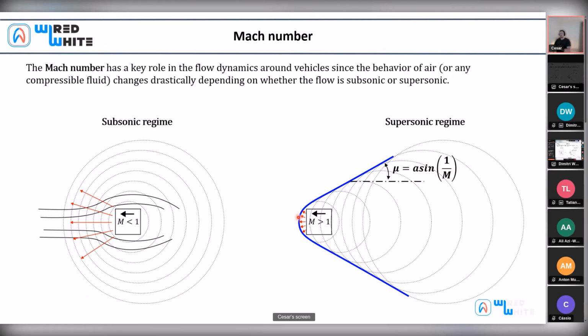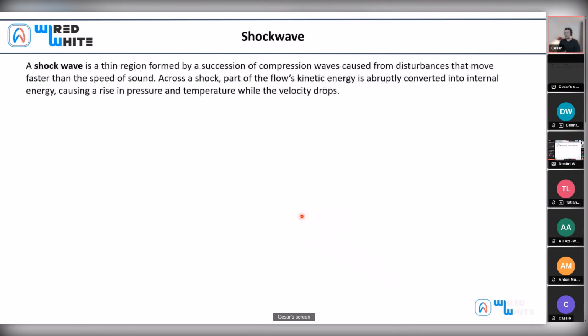Because we know that on an aircraft surface or an object surface, the velocity is 0. Because of this abrupt change, we have a very strong reaction, which is known as a shockwave. And now it's time to introduce our next topic, which is shockwaves. This is what we're going to be dealing with throughout the whole presentation.